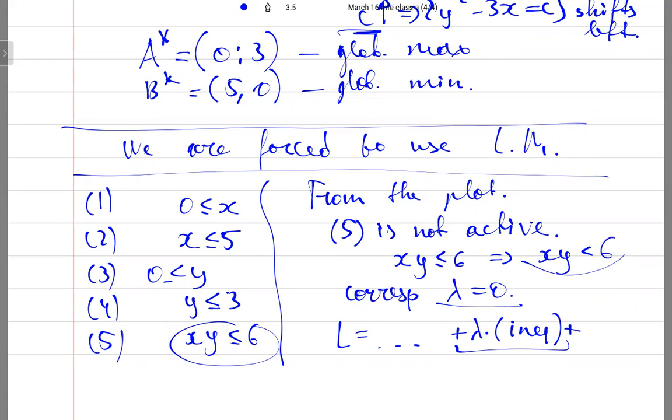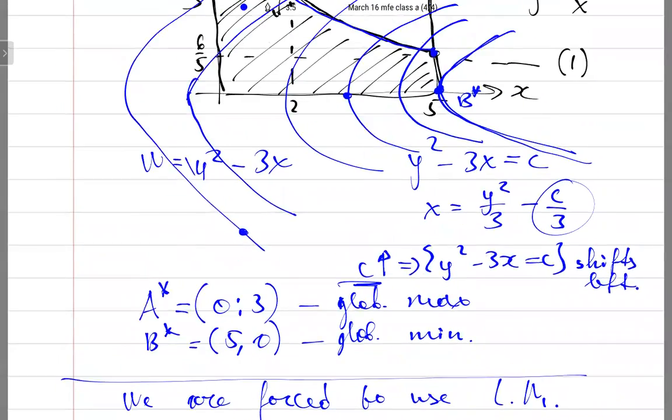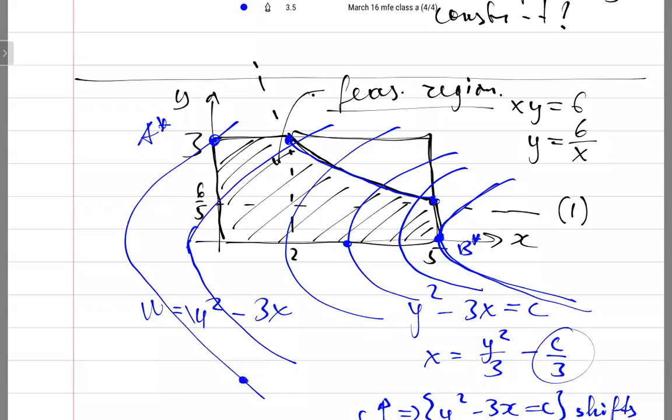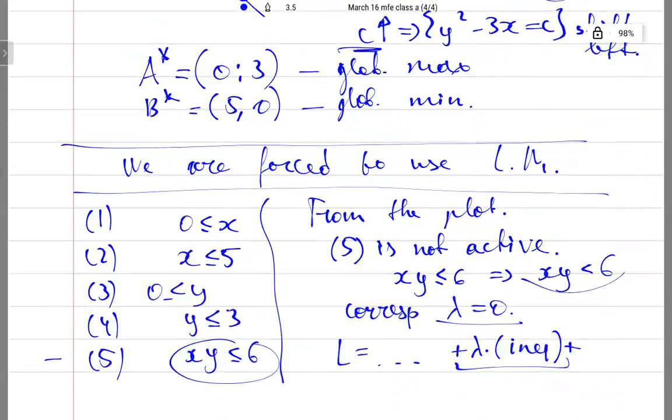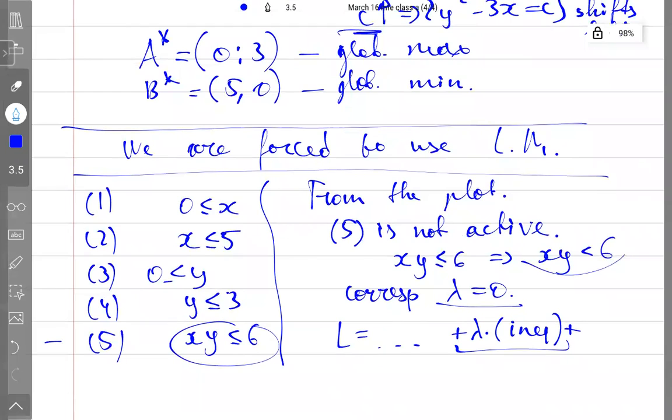So let's continue with this simple idea. Now I will not use that one. Let's search for the maximum. Let's find the maximum using the Lagrange multiplier method, as we are forced by the text of the problem.